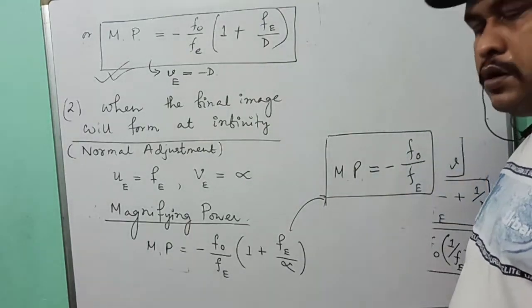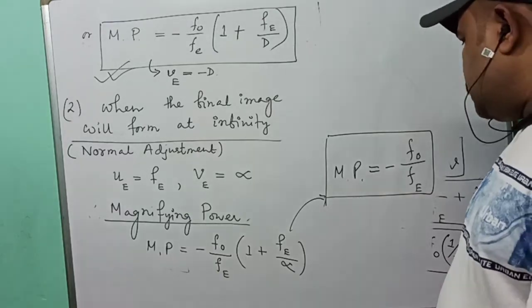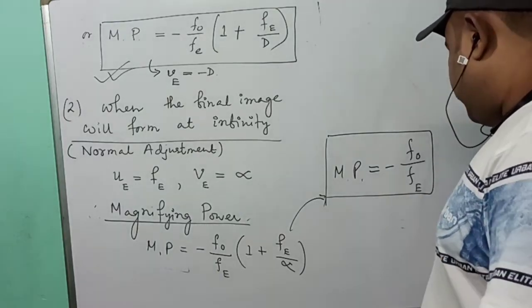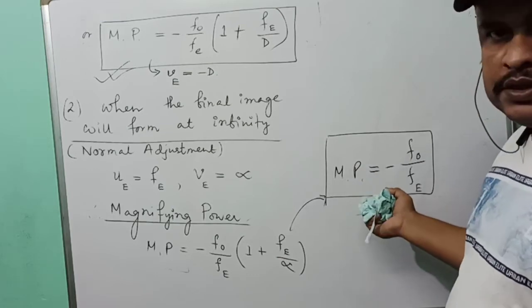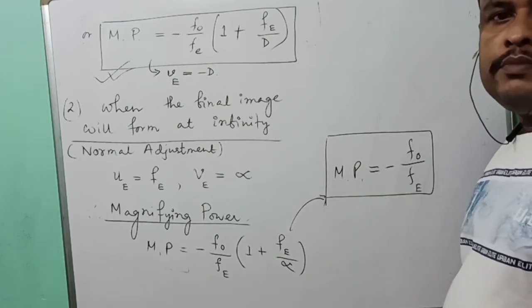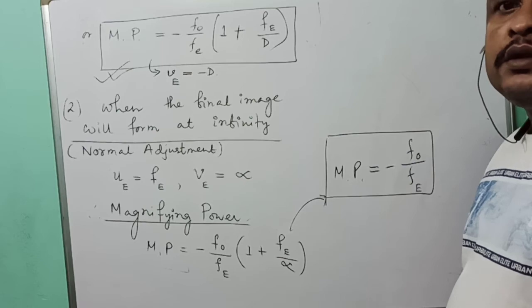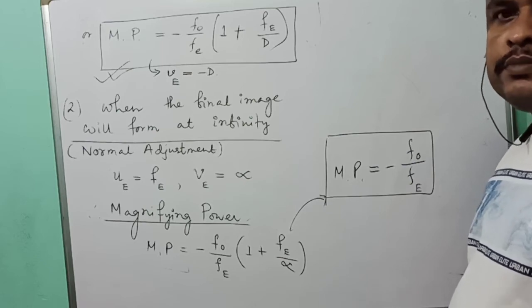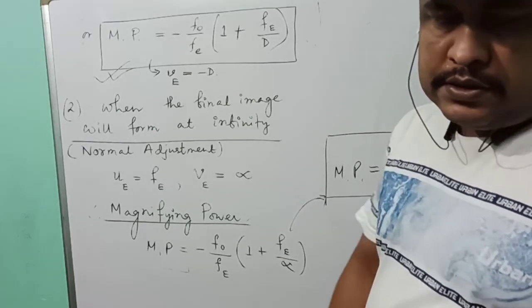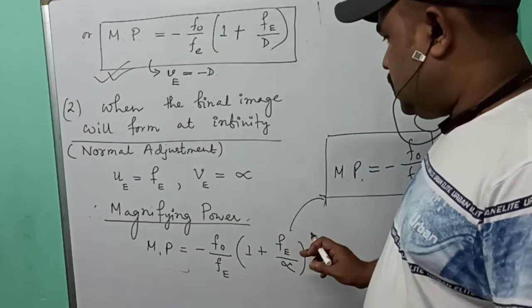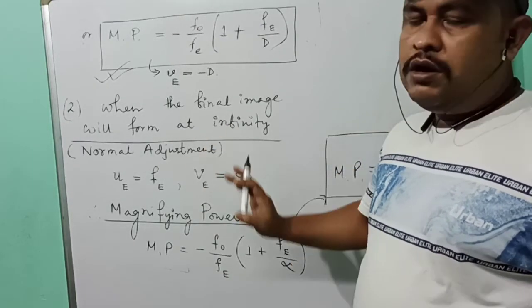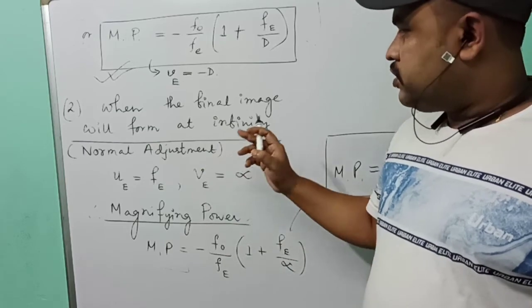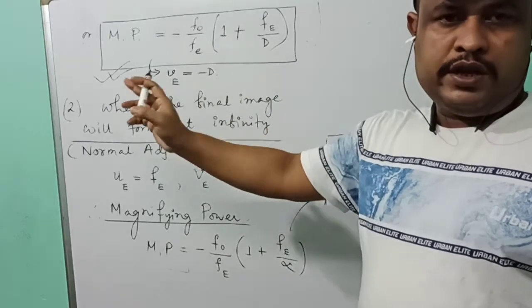Clear? So in that case, the final refracted rays from the eyepiece lens will become parallel after refraction. When the telescope is under normal adjustment, your final image will form at infinity.